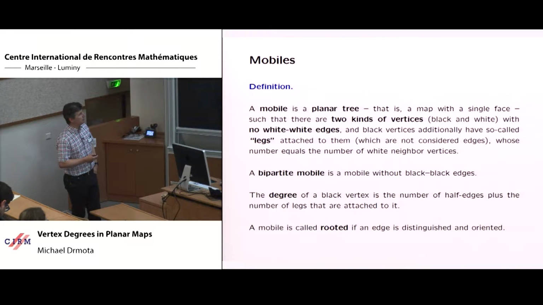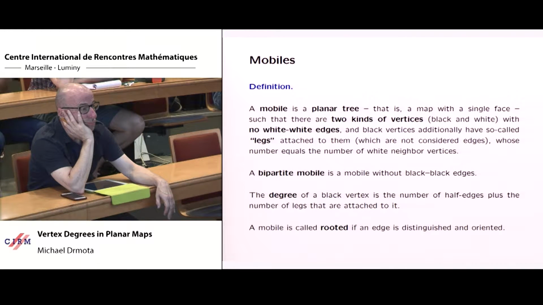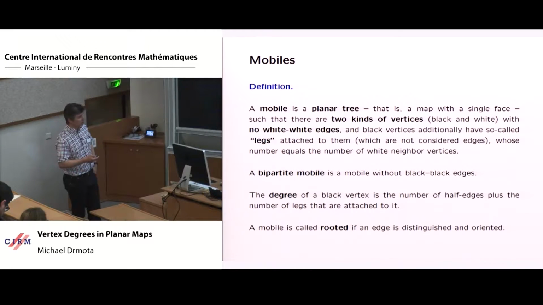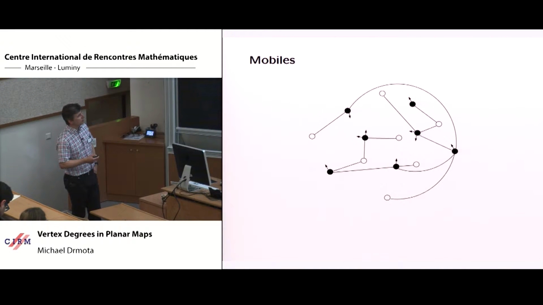The degree of a black vertex is the number of half edges, so the usual degree, plus the number of legs that are attached to it. So for example, the degree of this black vertex is 1, 2, 3, so the number of half edges attached to it, plus the legs. So the degree of this vertex is 5. We don't care about the degrees of the white vertices.